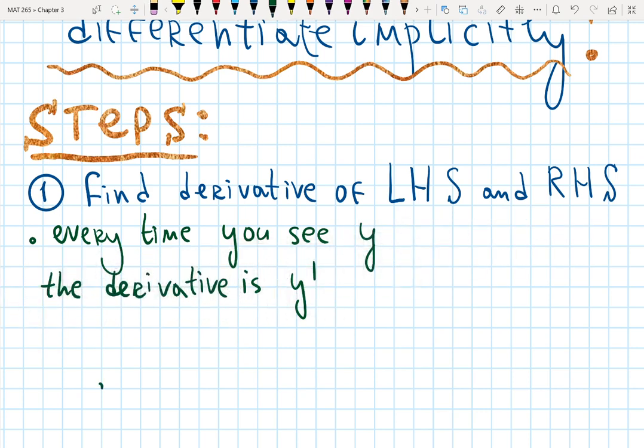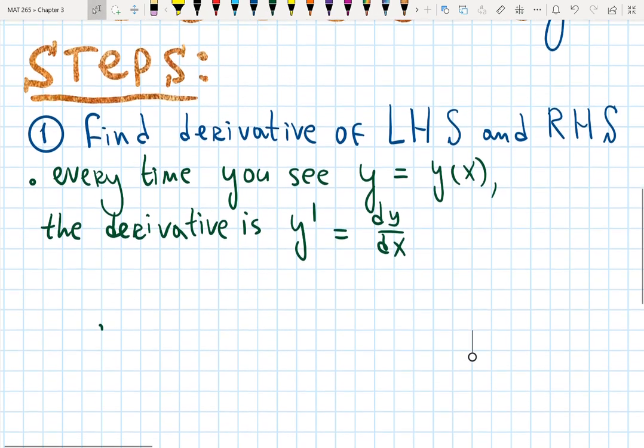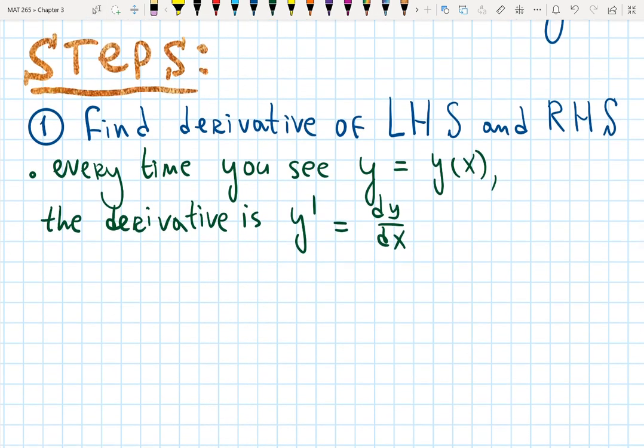Every time you see y, or maybe you see f of x or y of x, doesn't matter. The derivative is y prime or dy over dx. I'm teaching with a short notation because it's faster to write, because I think on the exam you need to be fast. But you will see in the book and a lot they do dy over dx. That's a more proper way to show it.